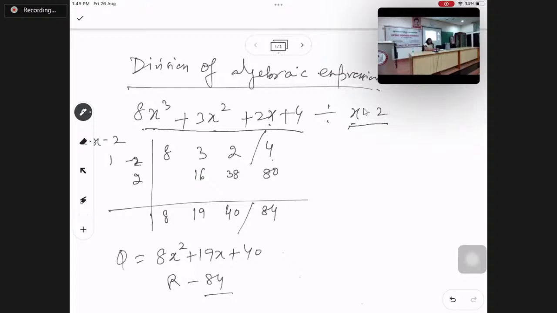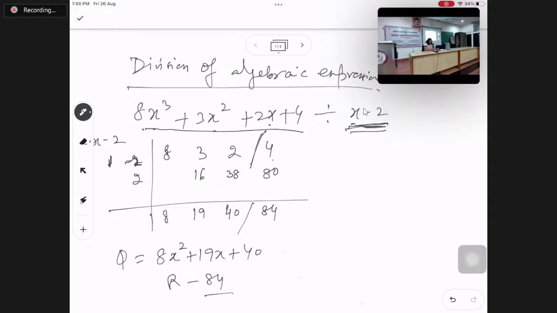Its coefficients are 1 and minus 2. The first term we neglect and we write minus 2. Take the opposite sign of this. Opposite sign means minus 2 to plus 2. If it is 2, then minus 2. To proceed as usual, it is a first degree equation, x minus 2, so we put a slash after one term. If it is a quadratic equation, you put a slash after two terms and so on.